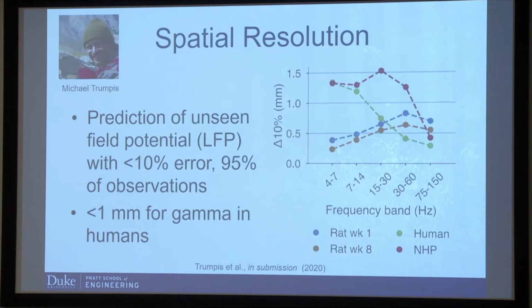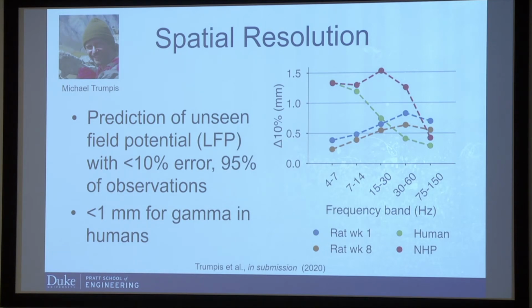Okay, so one way we've started to figure out what is really sufficient to fully capture the local field potential activity from the surface of the brain is to borrow some things from geospatial statistics, where we're doing prediction or kriging of unseen field potential between sites.